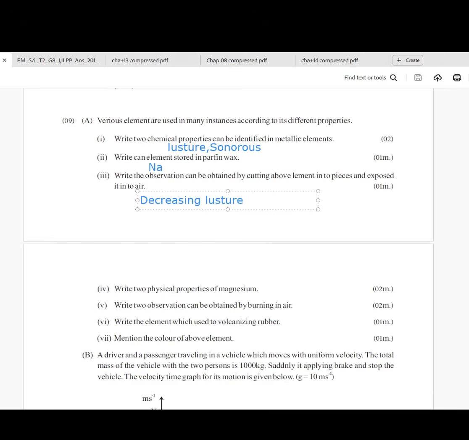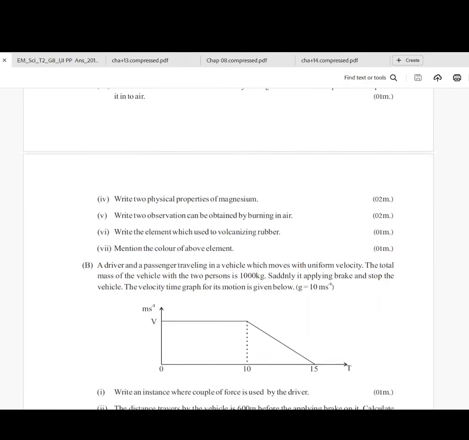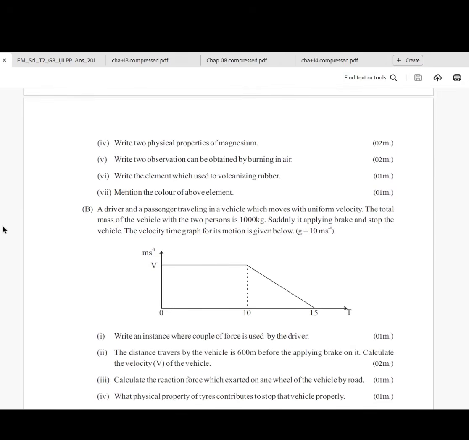Write 2 physical properties of magnesium. Light-weighted, lustrous nature. Write 2 observations obtained by burning magnesium in air.